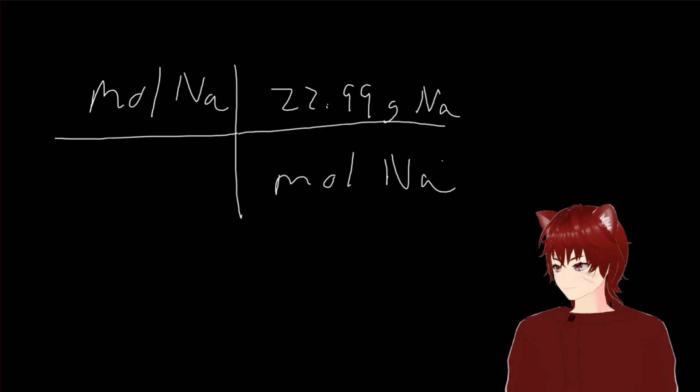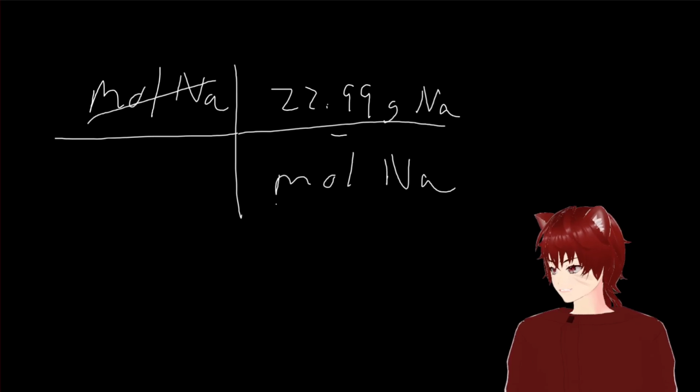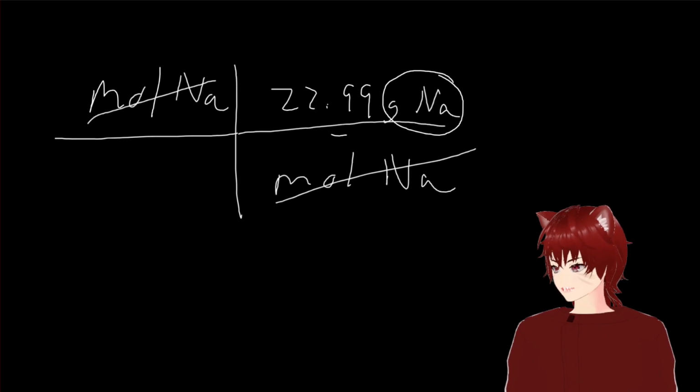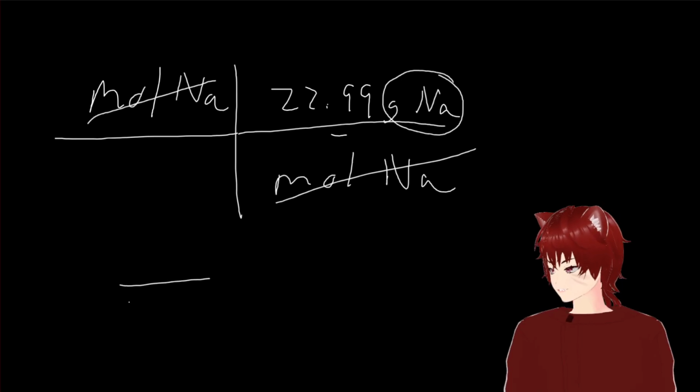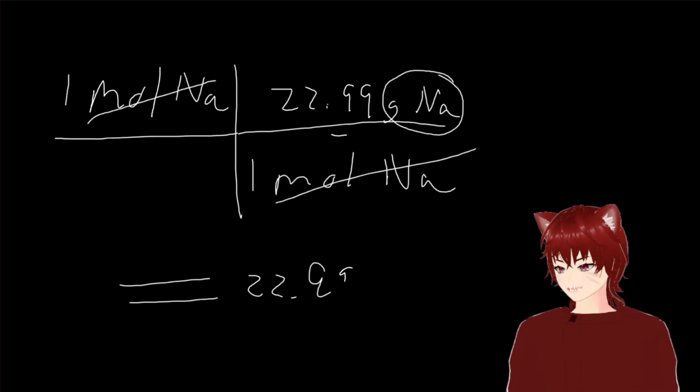This box is more like an equal sign, because a mole of sodium equals 22.99 grams. And by doing this, we can cancel our labels, and we're left with the label of grams of sodium. So our final answer, since these are all ones, is 22.99 grams of sodium.